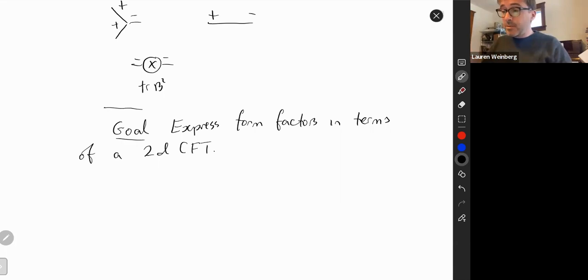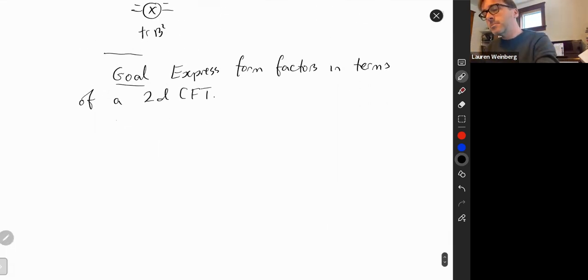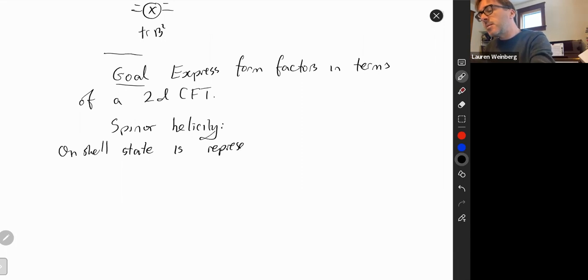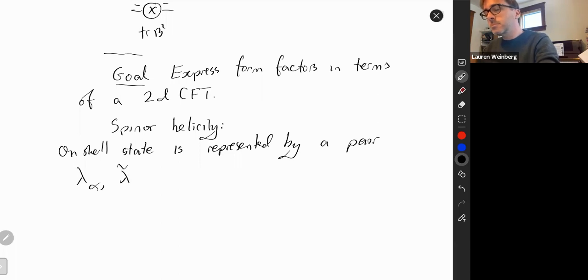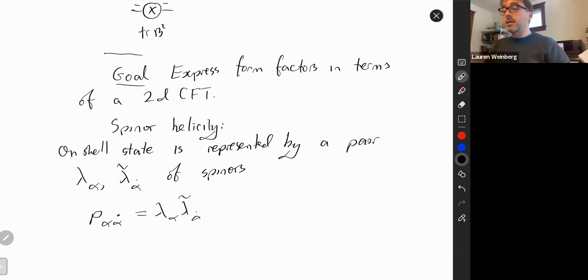To explain what's going on, I need to remind people of the spinor helicity formalism, which tells us that a null state, an on-shell state, is represented by a pair of spinors. So the momentum looks like that.